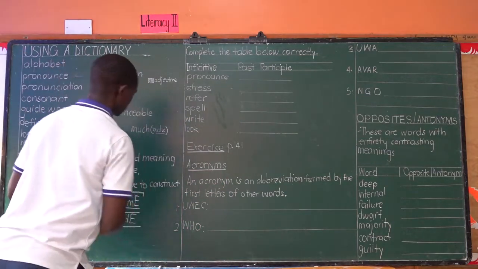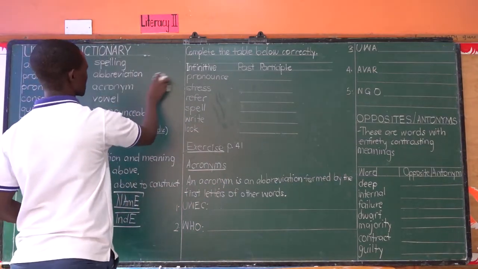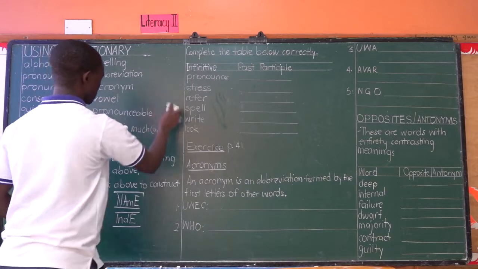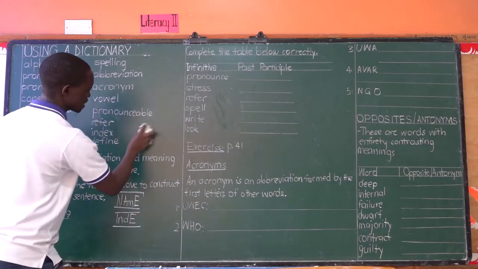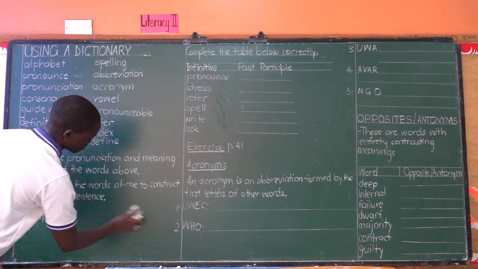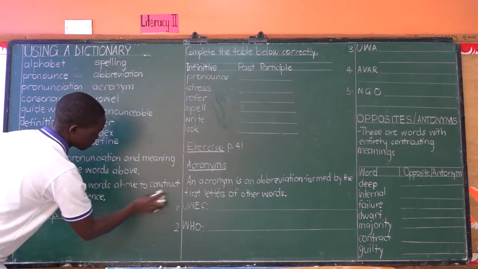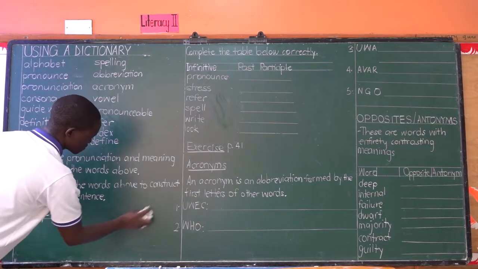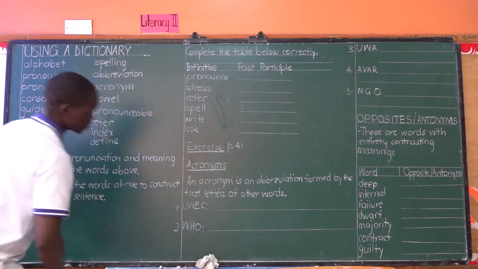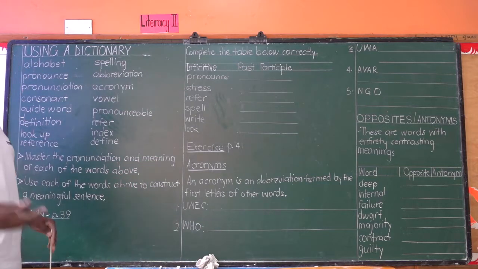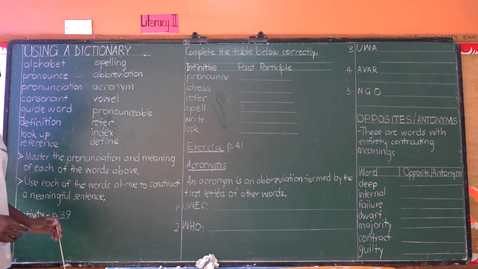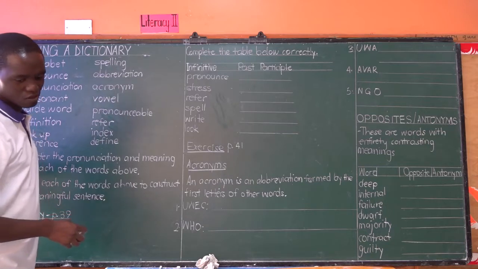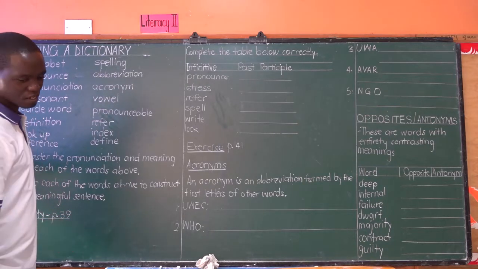where these symbols are normally used in the Oxford Advanced Learner's Dictionary. We are using Oxford as our dictionary. The other dictionaries will be used, but since Oxford is very commonly used in Ugandan schools, let's base on it to teach you about the use of a dictionary.